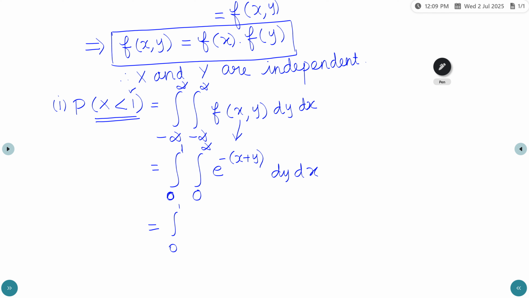So 0 to 1, 0 to infinity, e power minus x into e power minus y dy dx.